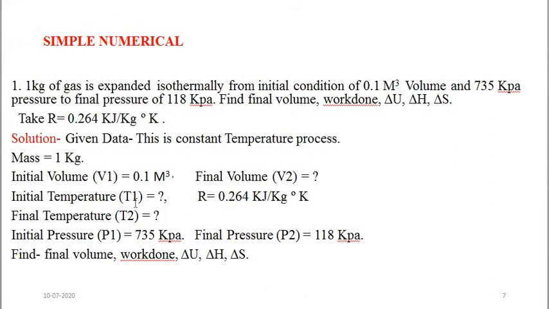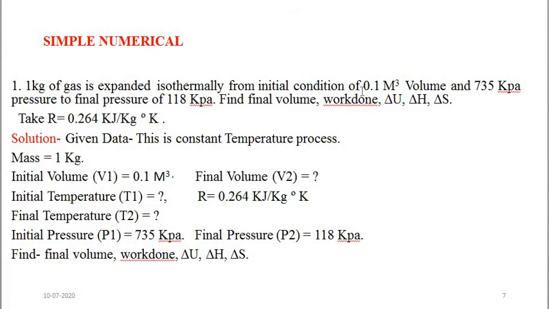So we will solve a simple numerical on this particular process. I will read the numerical. 1 kg of gas is expanded isothermally from an initial condition of 0.1 meter cube volume and 735 kilopascal pressure to the final pressure of 118 kilopascal.